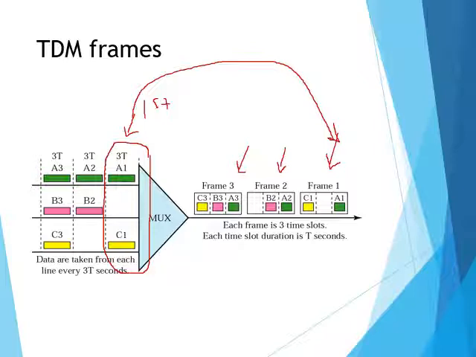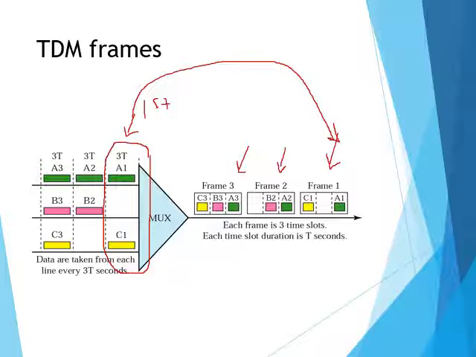Each frame will be divided into the number of sources. If we have 3 sources, each frame will be divided into 3. This we call a time slot. So each frame has 3 time slots, and each time slot will contain a bit from a source.